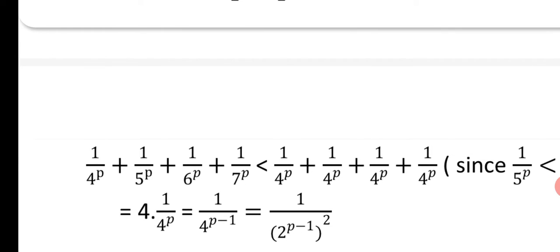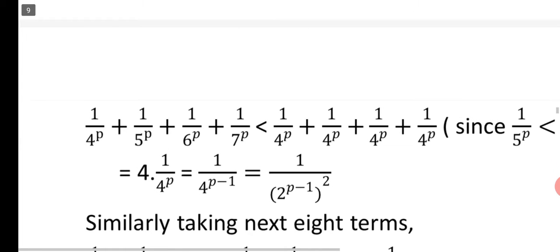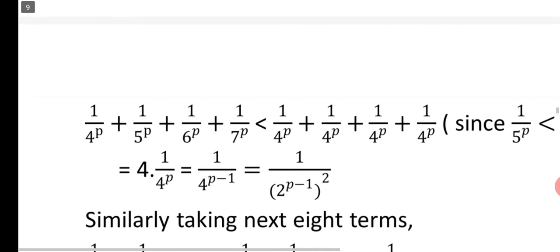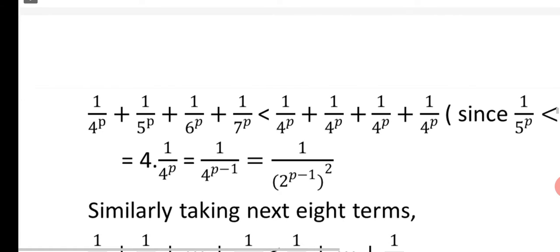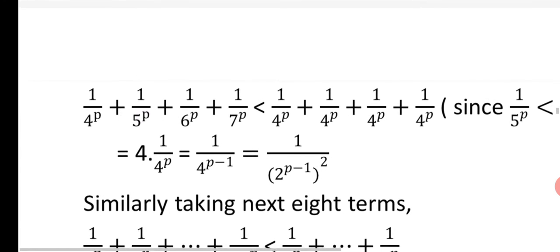This can be written as 1 by 4 to the power of p plus 1 by 5 to the power of p plus 1 by 6 to the power of p plus 1 by 7 to the power of p. It is less than 1 by 4 to the power of p plus 1 by 4 to the power of p plus 1 by 4 to the power of p plus 1 by 4 to the power of p.